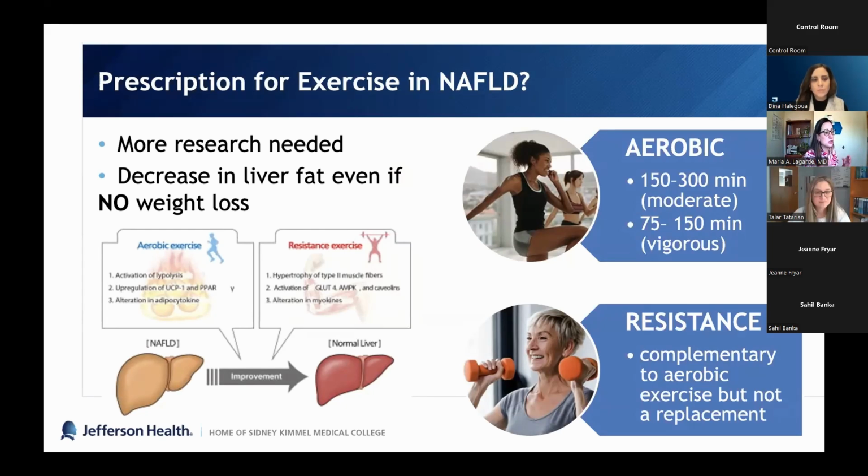To think about NASH, we know that exercise, even if it doesn't lead to as much weight loss as we would want, still improves fatty liver. Any amount of exercise both improves cardiovascular risk and improves the amount of fat in your liver.